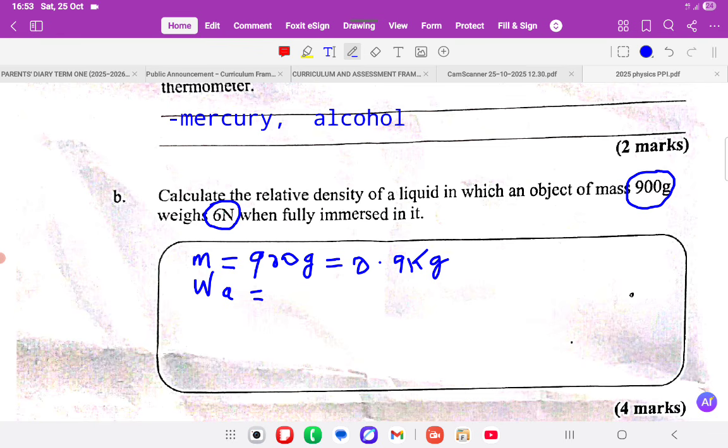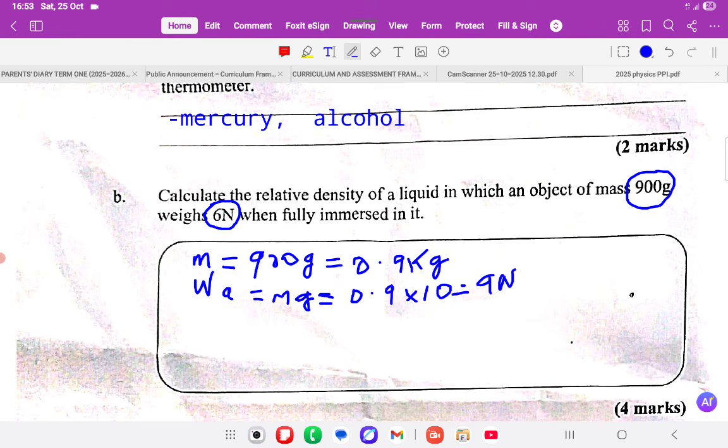But you simply take the mass multiplied by acceleration due to gravity. So in this case, we shall take acceleration due to gravity as 10. So we have 0.9 multiplied by 10, which is 9 newtons.